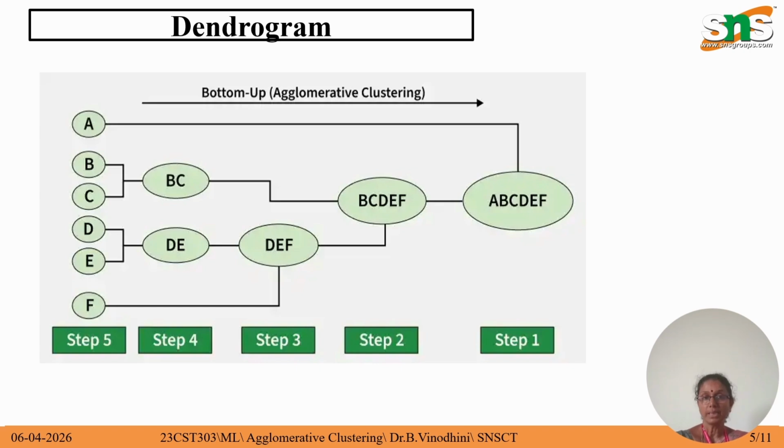First, we have single data points like A, B, C, D, E, F. After that, we merge B and C, and D and E. In the third step, we merge D, E with F, so we get D, E, F. After that, we merge B, C with D, E, F to get B, C, D, E, F. Finally, we merge A with B, C, D, E, F. These are the steps of finding one cluster.